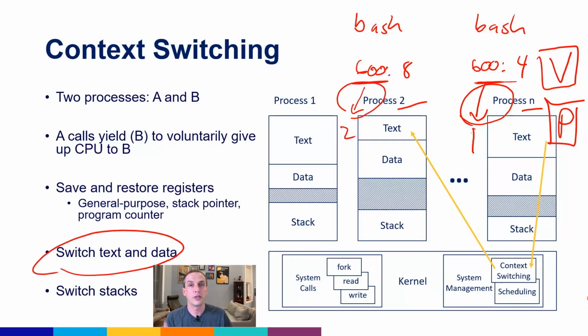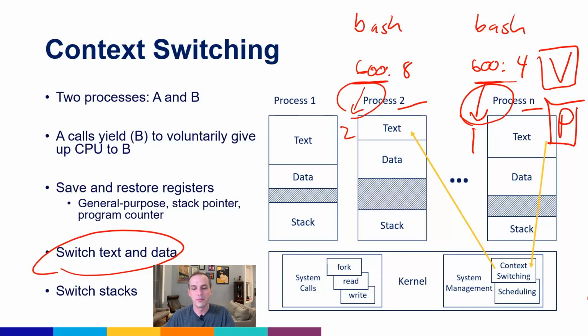So this switching text and data, what we're doing is not physically pulling all the text and data out and shoving them into some other place. What we're doing is saying, listen, every single process has an address layout, and those addresses point to real physical places on real physical RAM chips. What the CPU and the kernel do is they swap out that mapping such that when we're in process N, 600 maps to 1.